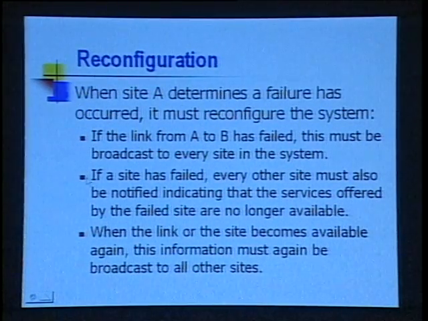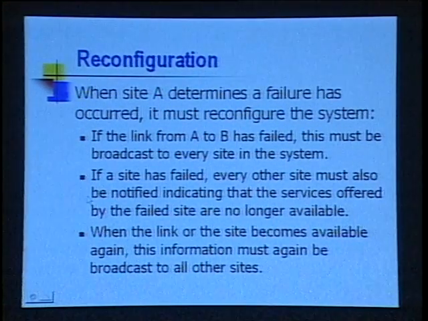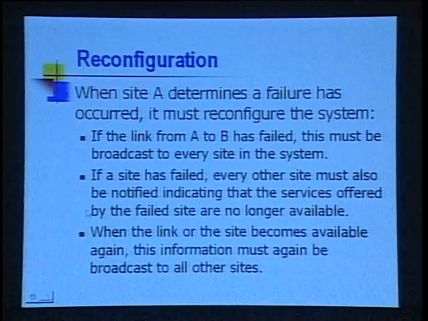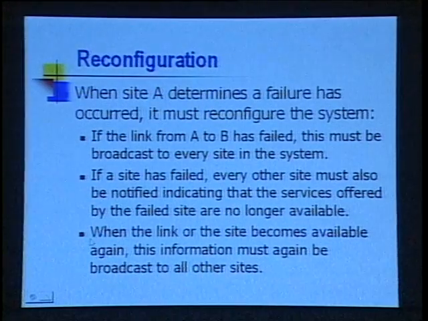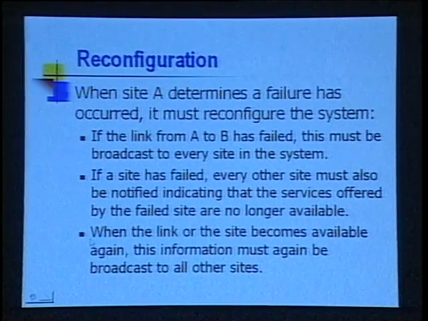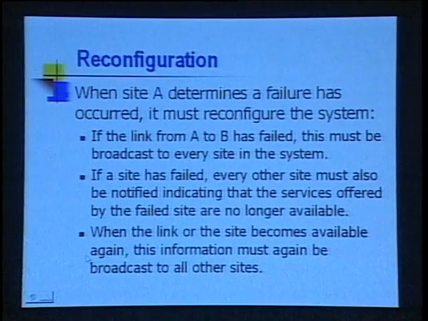And if a site has failed, every other site must also be notified, indicating that services offered by the failed site are no longer available. Similarly, when the link or the site becomes available again, this information must again be broadcast to all other sites.